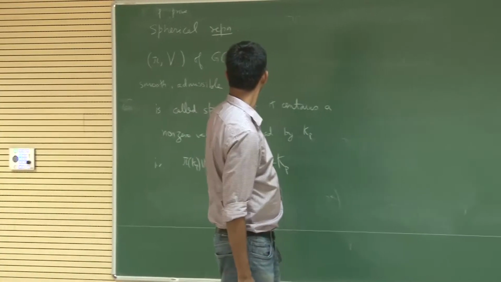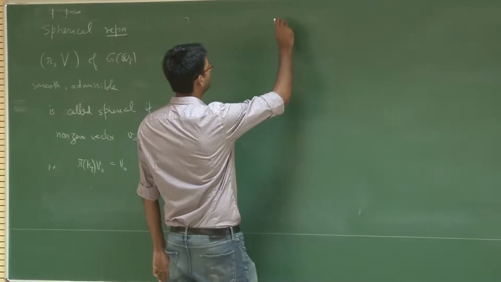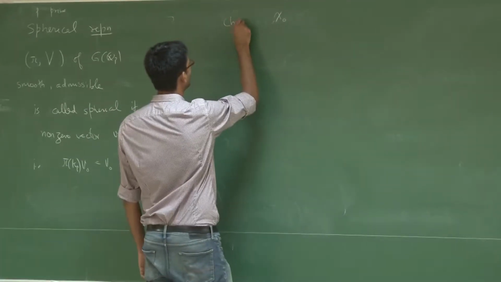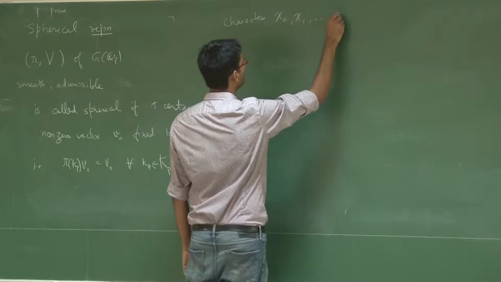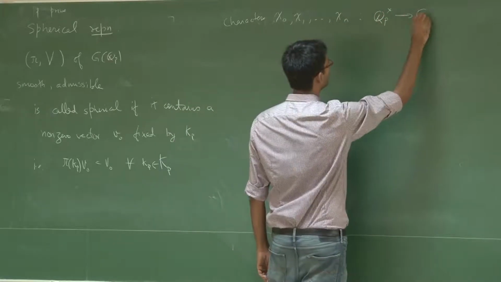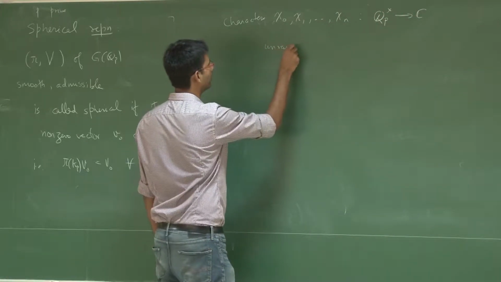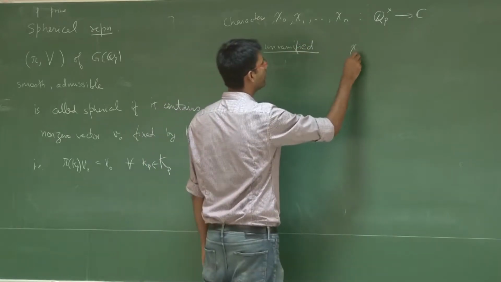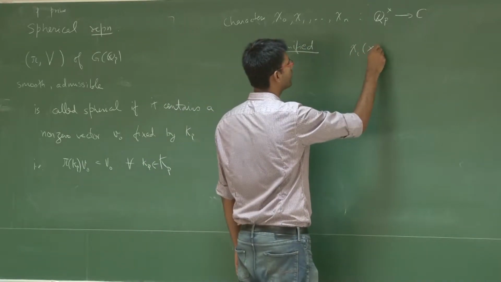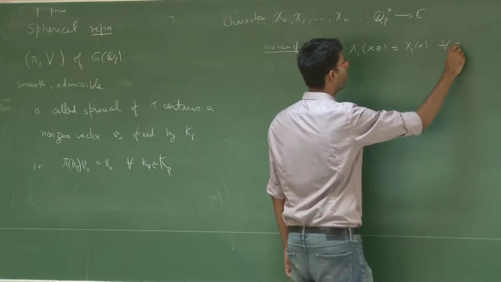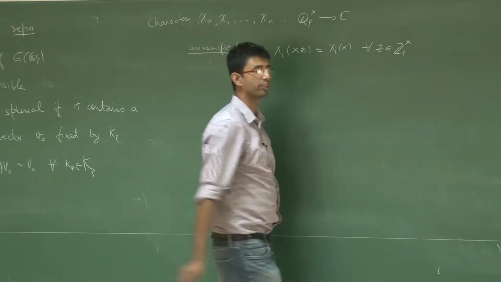So how do you construct such a representation? You take characters chi_0, chi_1 up to chi_n from Qp^× to C, which are unramified. So this is important. This means that chi(xz) equals chi(x) for all units z. So it's trivial on units.